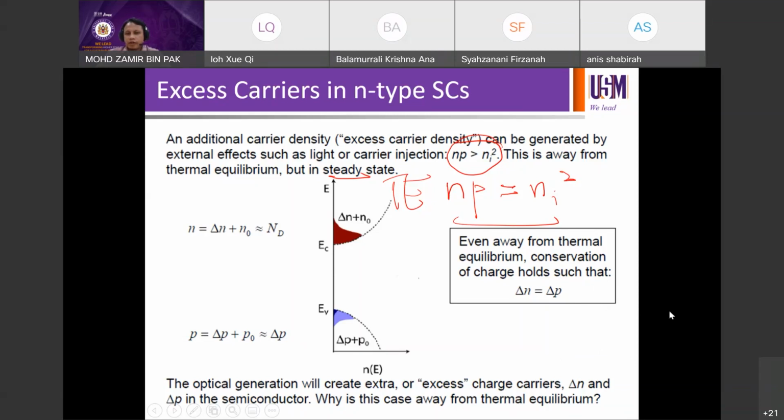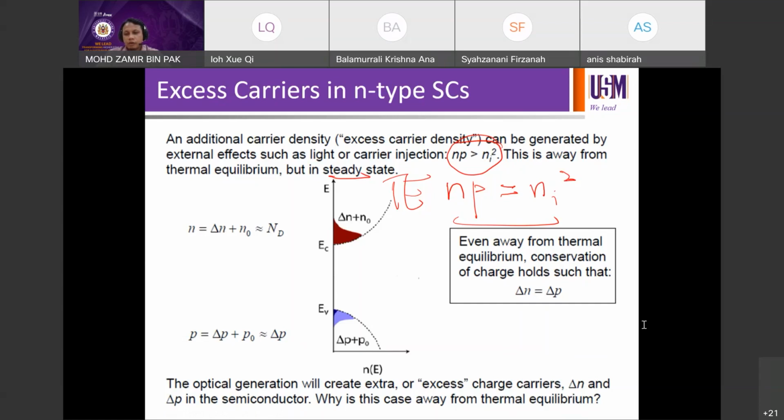You can only say that your semiconductor material is in steady state condition if your external agents are acting on the system, but constant with time. Yes.